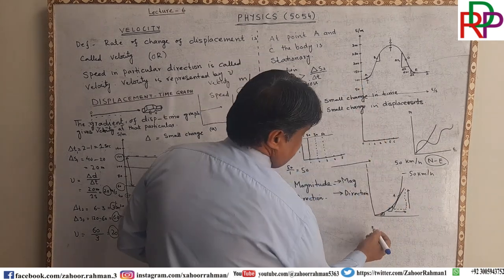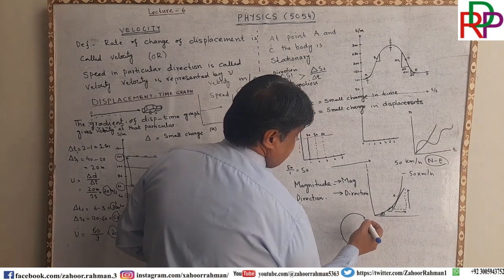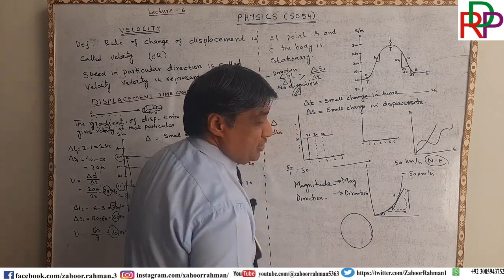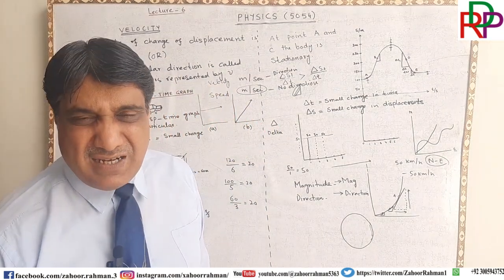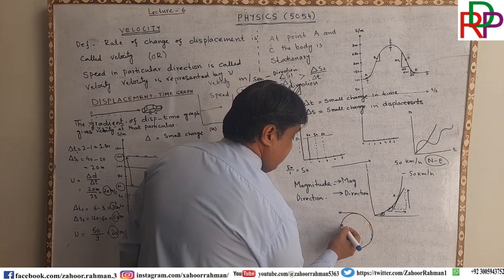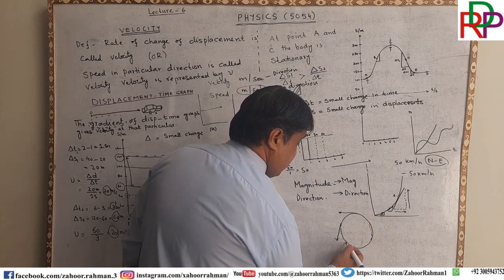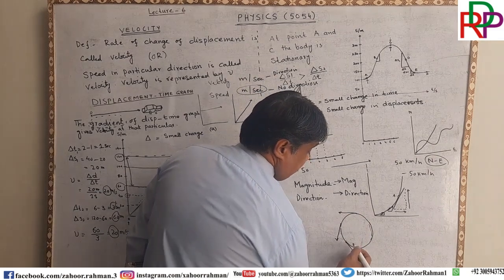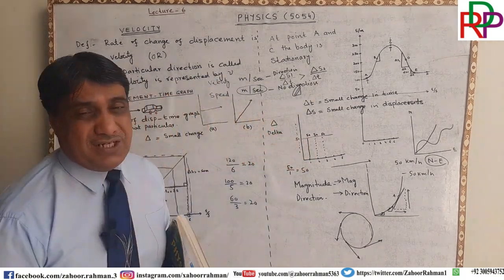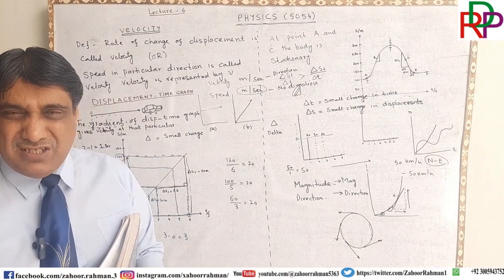People are saying that if it is moving in circular motion, that is called angular velocity. We are not talking about angular velocity. At each particular instant it will change its direction. When it is changing its direction, it is called acceleration, the rate of change of velocity.